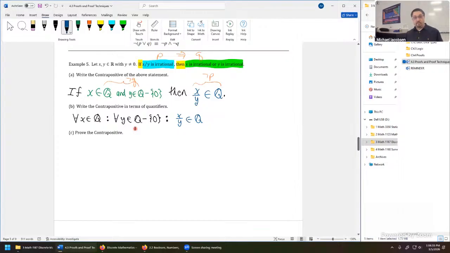We're looking at it from the point of view of quantifiers. When we're proving the contrapositive, really all we're doing now is a direct proof, much like examples 1 and 2 of this statement, the one that got turned around.